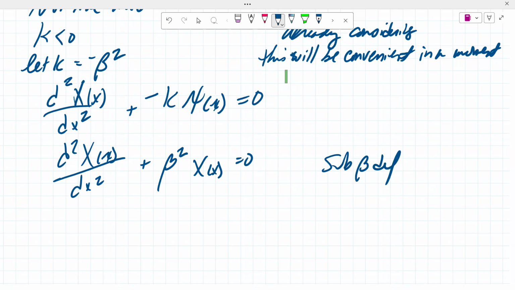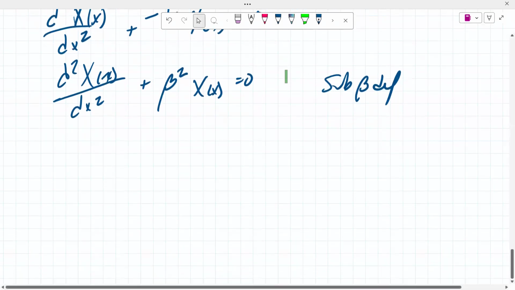Then we apply the procedure for solving second order linear homogeneous differential equations.